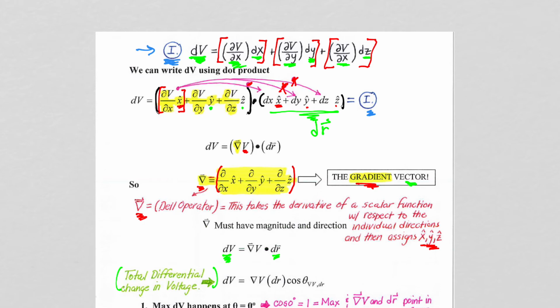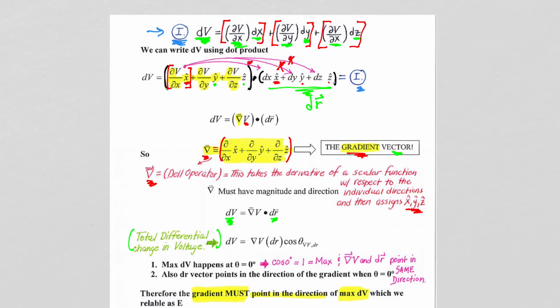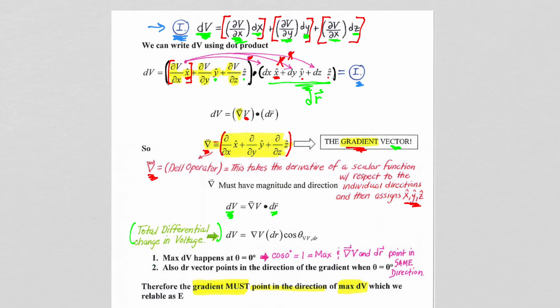Well, that total differential change in voltage dV only has one maximum value, right? dV can only be maximized by going in one direction, and by understanding the dot product, the dot product will be a maximum when cosine of theta equals 1. That means we know the dr vector and the gradient vector line up when we are going to get a maximum change in voltage.